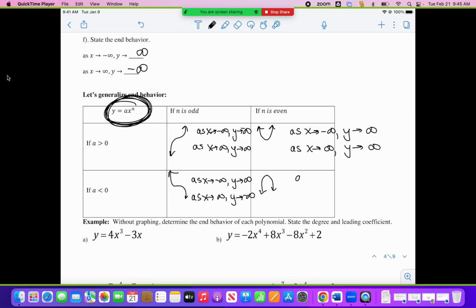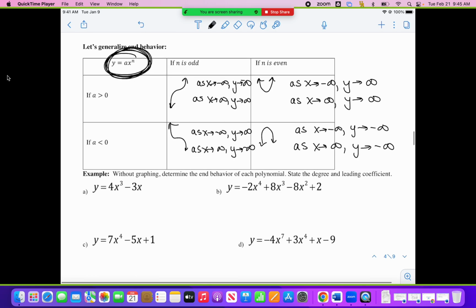If the coefficient is negative out front, these both go down. So here's my big idea. It's x odd, negative x odd, x even, negative x even. Didn't we do this already? We did.